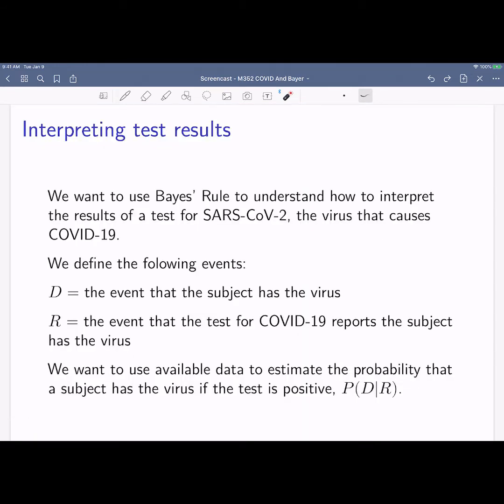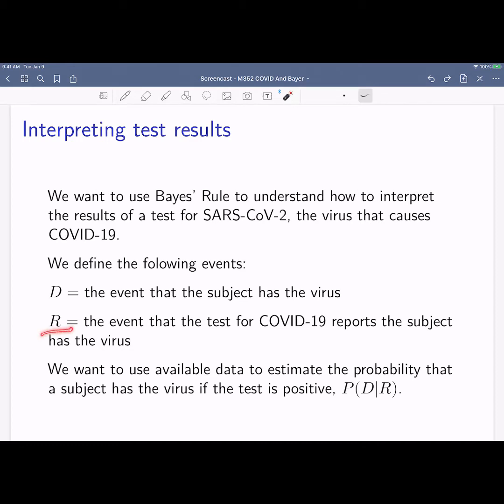So, for the purposes of this presentation, we want to use Bayes' rule to understand how to interpret the results of a test for SARS-CoV-2, the virus that causes COVID-19. So we're going to define two events. The event D is the event that a subject has the virus, so a person who's being tested has the virus.